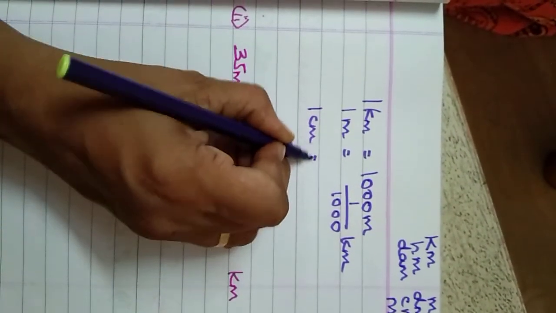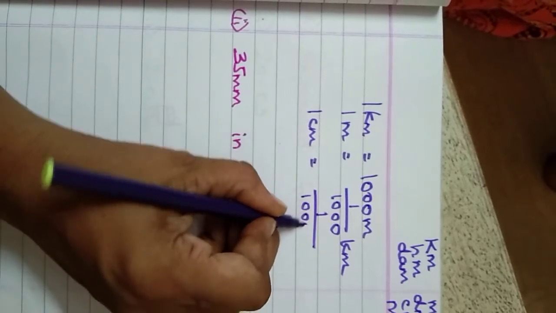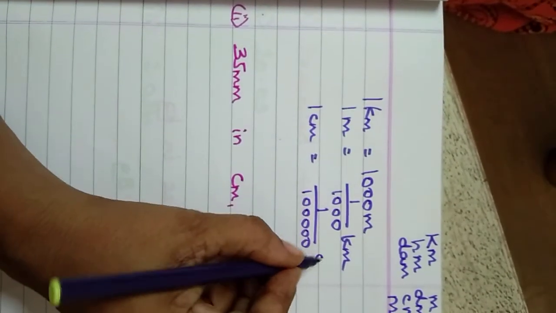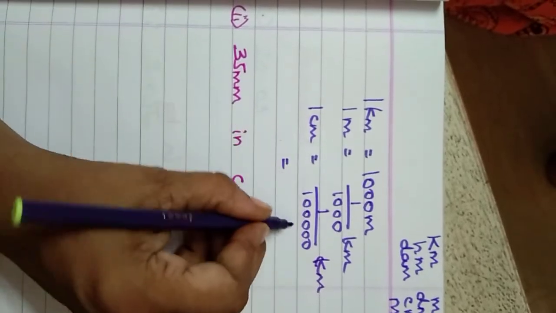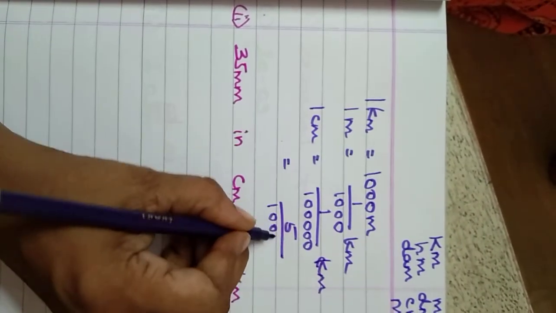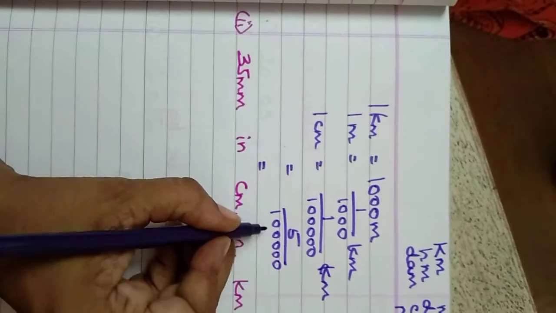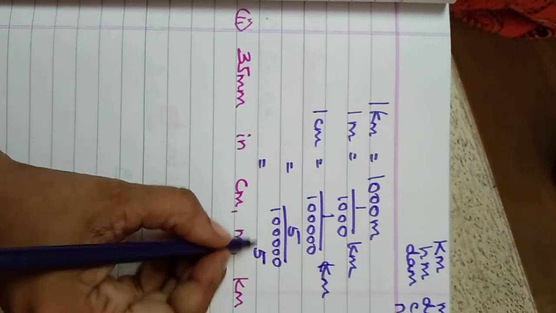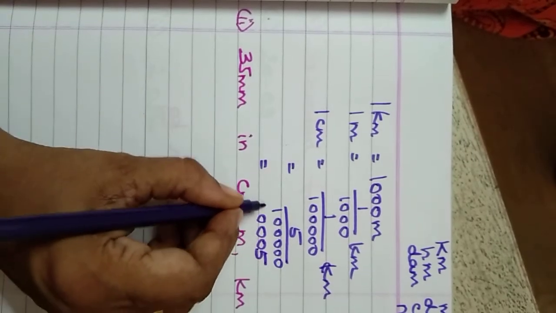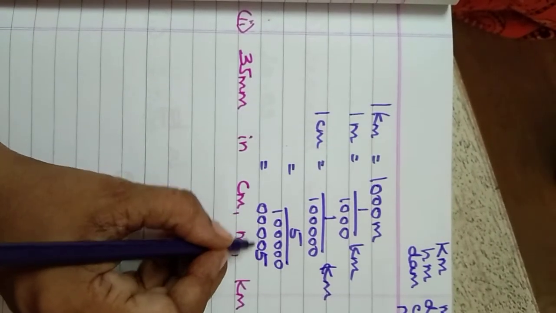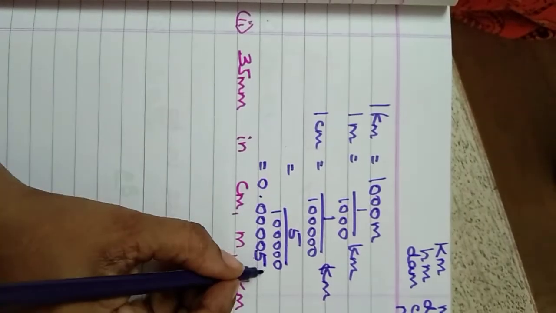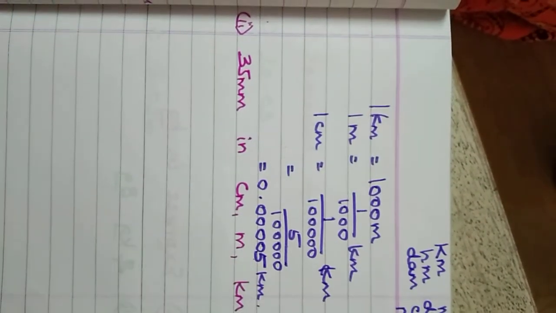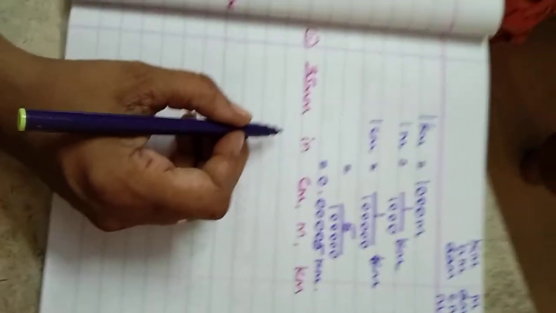So 1 centimeter is equal to 1 by 1, 2, 3, 4, 5 zeros, kilometer. Now what is my number? 5. So 5 by 1 followed by 5 zeros. But I have got only one number, so I keep that 5 as it is, add 4 zeros: 1, 2, 3, 4. So how many numbers will be there? 1, 2, 3, 4, 5. Put a point and write it as kilometer. Clear?